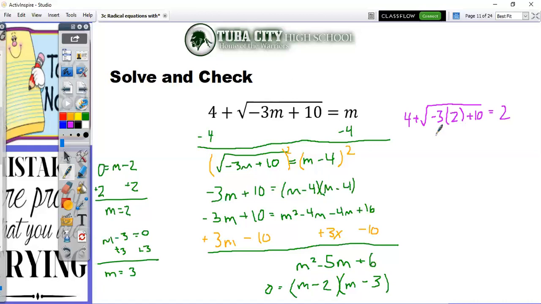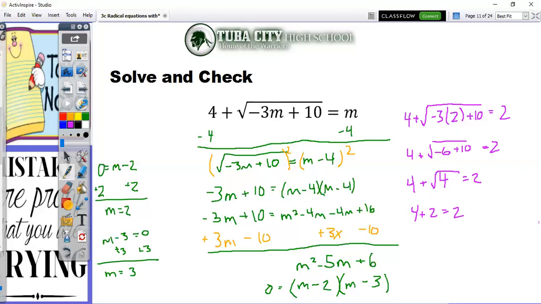And let's see what we get. 4 plus, and then multiply these together. Negative 3 times 2 is negative 6 plus 10, which is basically the same as 10 minus 6. 10 minus 6 is 4. And here I have root 4, which the square root of 4 is 2.